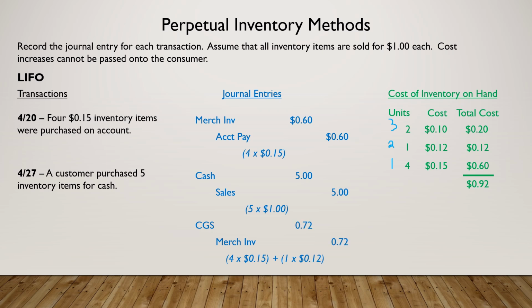Afterwards, the most recent inventory layer from the April 20th purchase will be at 0, as will the middle layer. Consequently, ending inventory is presumed to only have 2 units from the month's earliest purchase, 20 cents. You can draw a T account for merchandise inventory to verify its accuracy.